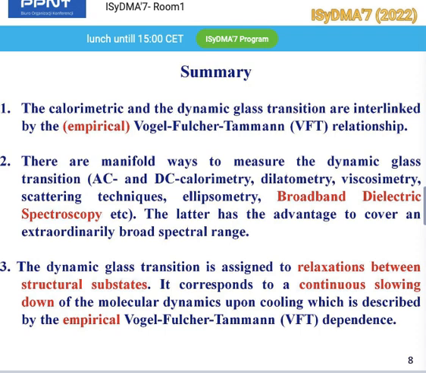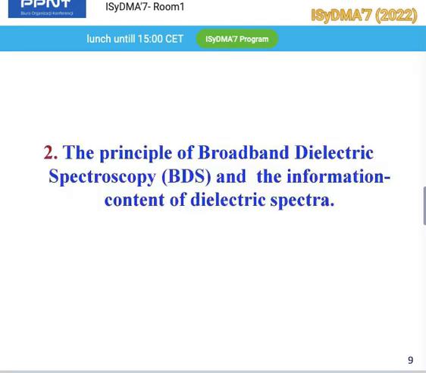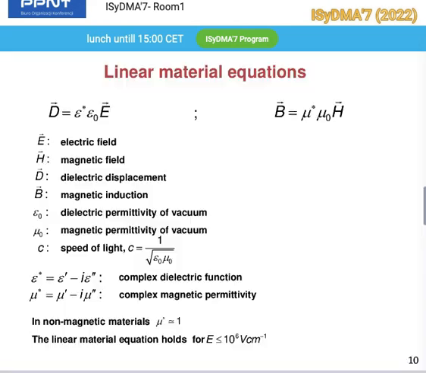So now I need the next view graph. Now, very briefly, I will speak about broadband dielectric spectroscopy. In principle, we have linear material equations between the dielectric displacement and the external electric field, and this is here for the magnetic case, which doesn't play an important role. I will speak about experiments where such linear material equations are valid.